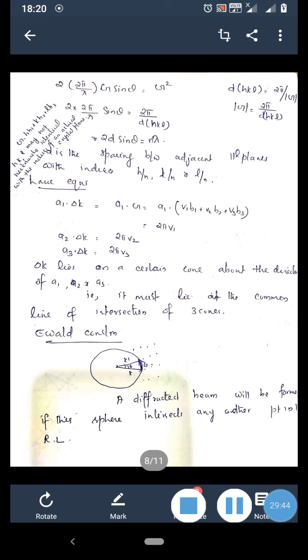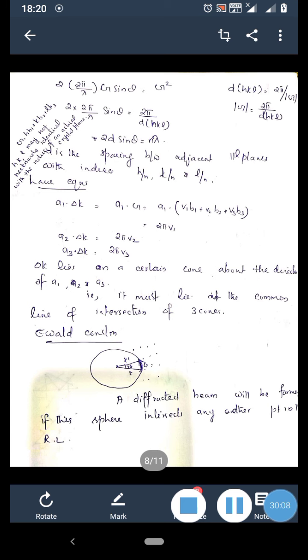Now another construction is shown here, known as the Ewald construction, which helps us to visualize the nature of the diffraction that may occur when a particular condition is satisfied. For that we draw the incident wave vector k from a particular origin O. This is the common point, you can mark it as the origin.